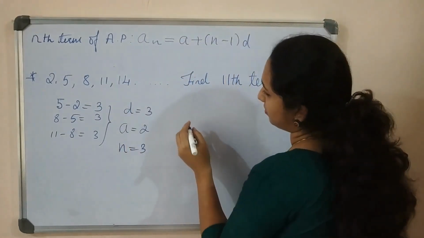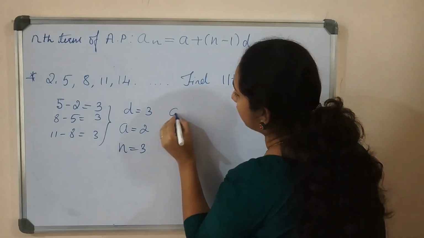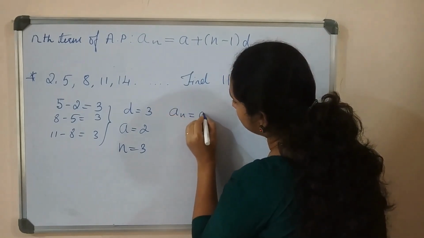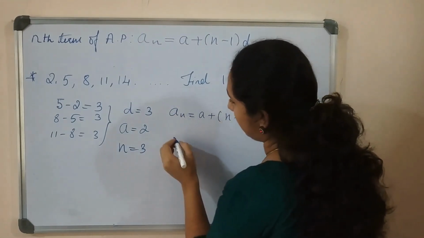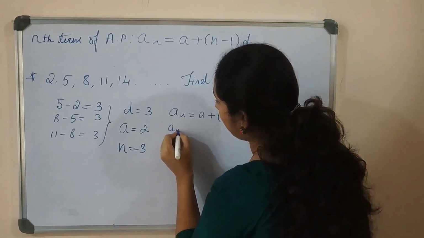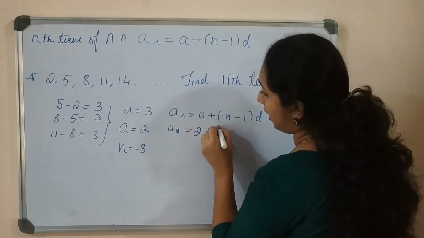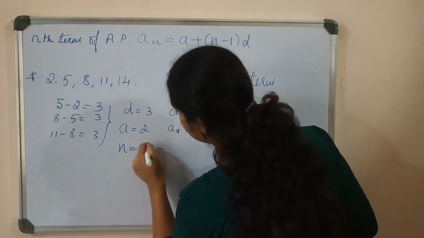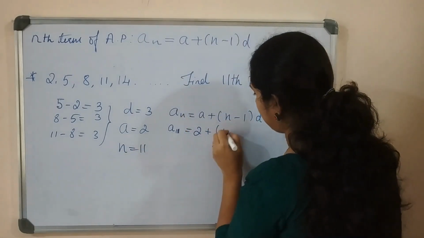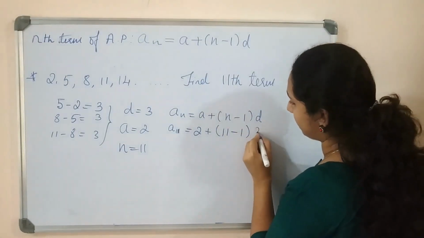Now we'll substitute the found data in the following formula. An is equal to A plus (N minus 1) into D, where An is nothing but A11, A is 2, N is 11, so 11 minus 1, and D is 3.